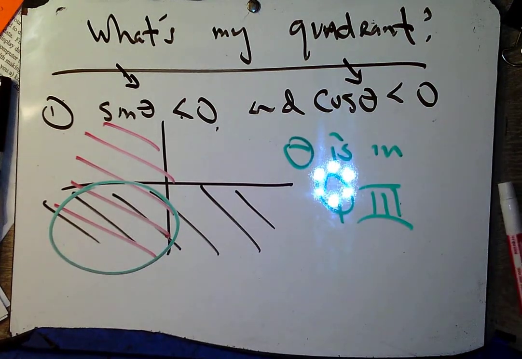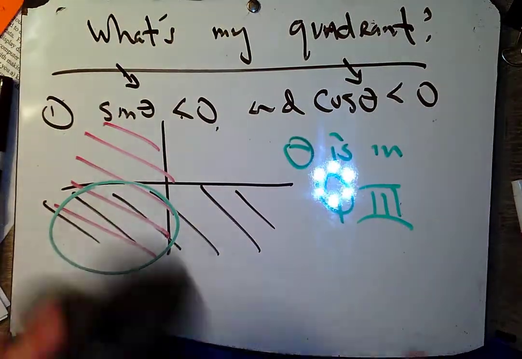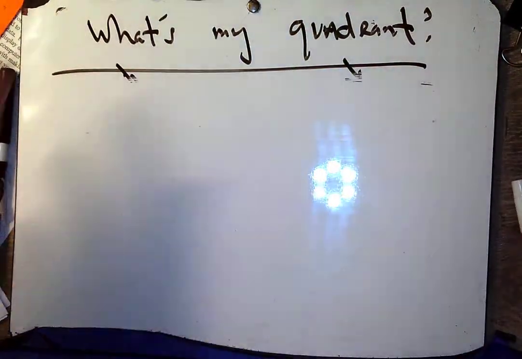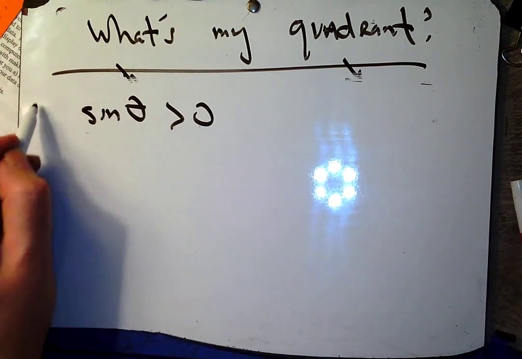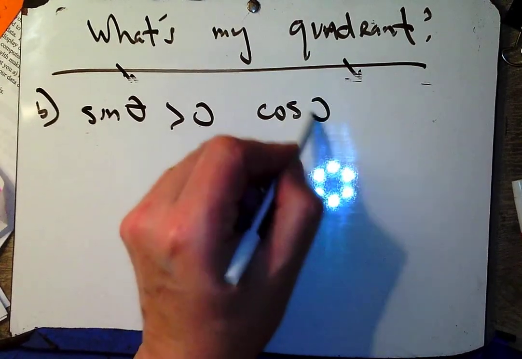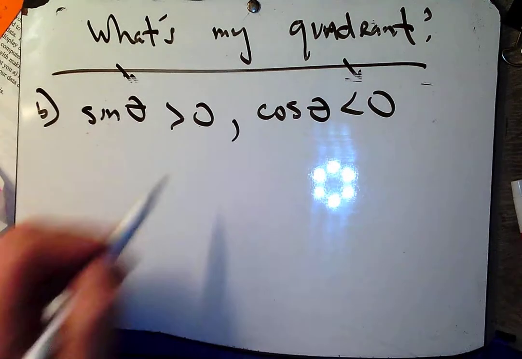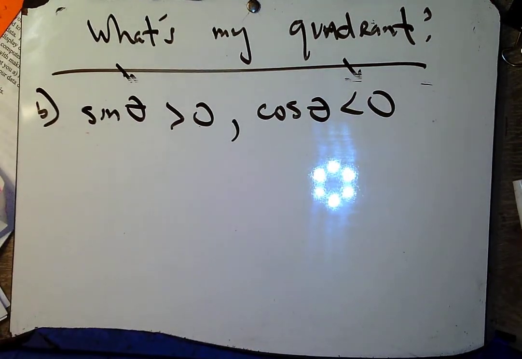That's what we're looking to do here, okay? All right, so now it's your turn. Sine of theta is greater than 0, but cosine of theta is less than 0. In what quadrant does theta live?